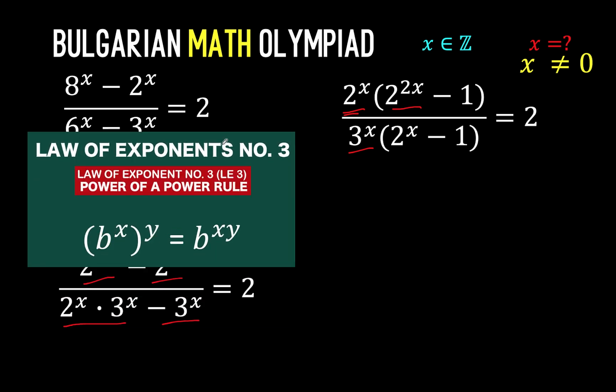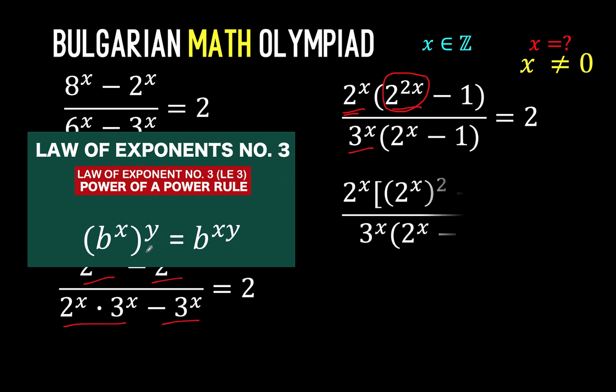Next, let's recall again the power of a power rule of exponentiation. We want this because we can re-express this part here by using the converse of the law of exponent number 3. Applying the converse of this law of exponent, this is what we have: (2^x) all raised to the second. That is applying the power of a power rule of exponents and the commutative property of multiplication.